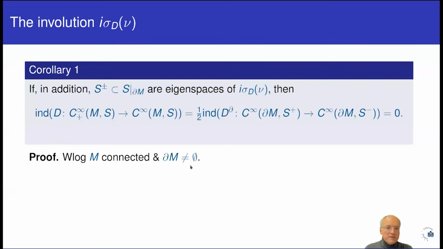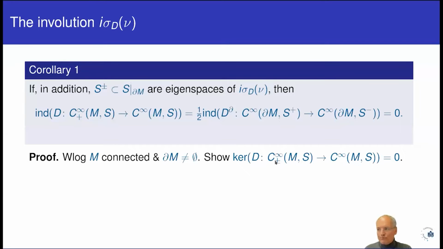So we can assume that M is connected and has non-empty boundary. Now we need to show that the kernel of the operator under these boundary conditions is trivial, because the index is the dimension of the kernel of C plus minus the dimension of the kernel of C minus. If both kernels are 0, then the index is 0. So that's what we need to do.